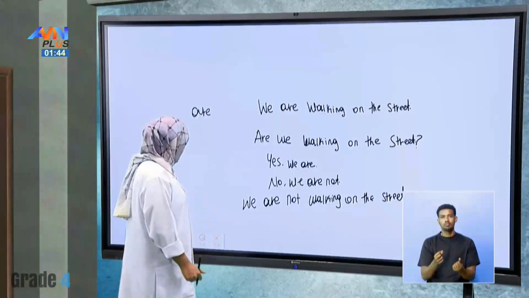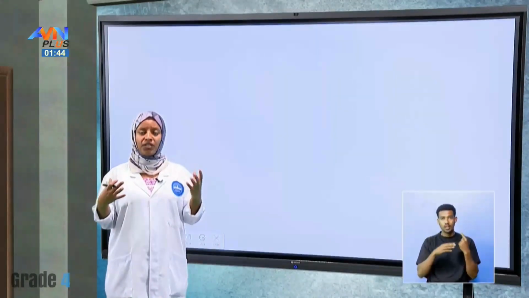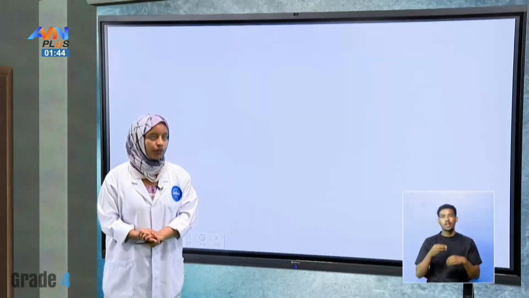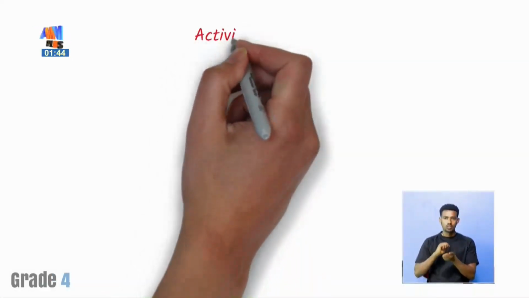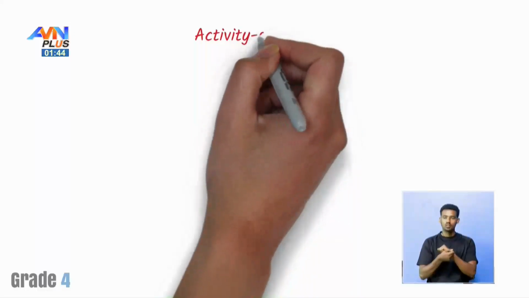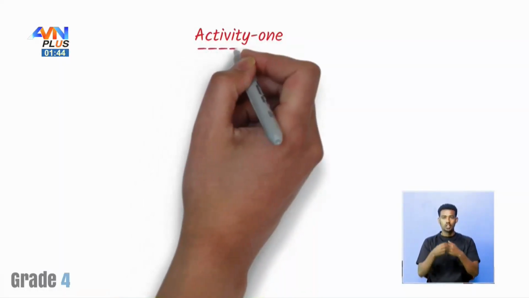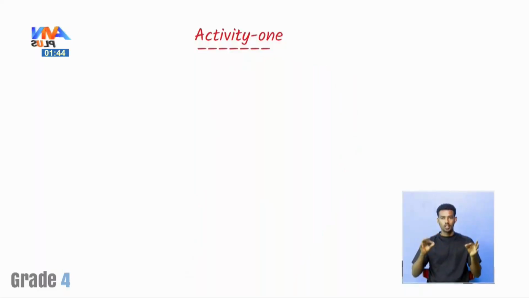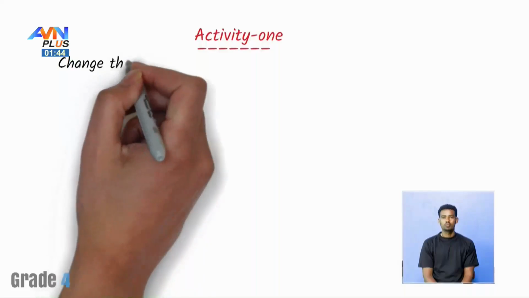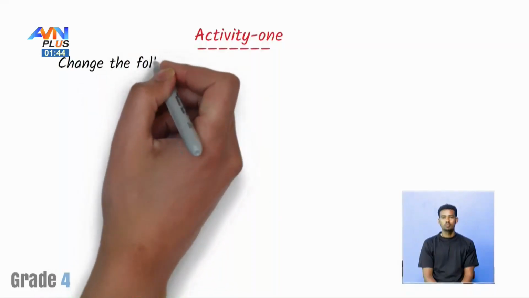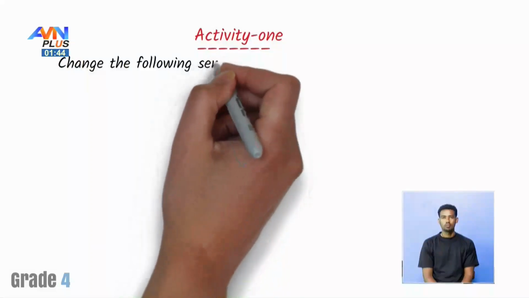So, students, I hope you all understand and enjoy the lesson. Let me give you one activity and let us practice together. So, students, change. Here is your instruction. Change the following sentences with interrogative form.